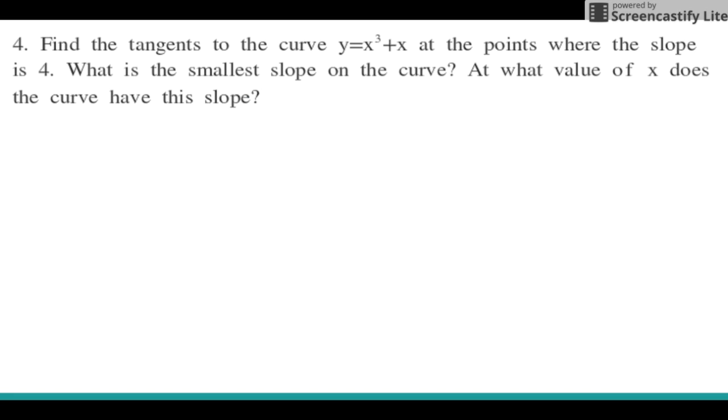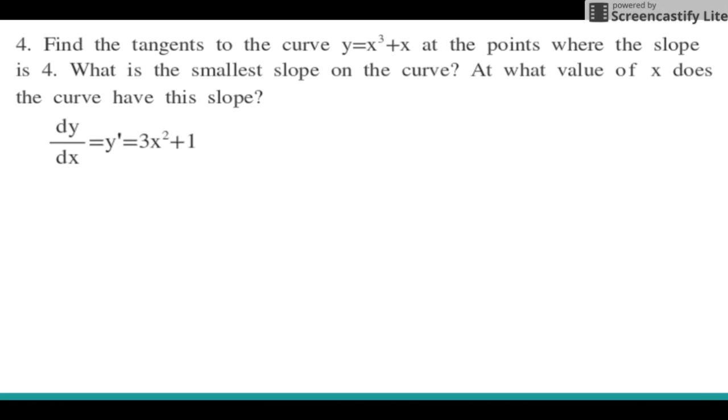In the next problem, we're going to deal with the question in a few parts just to make it easier for ourselves. For the first part, we're asked to find any time at which the function has a slope of 4. So we're looking for all the points on the function where the derivative is equal to 4. First we determine the derivative, dy/dx, which is also y prime, as I've mentioned before.